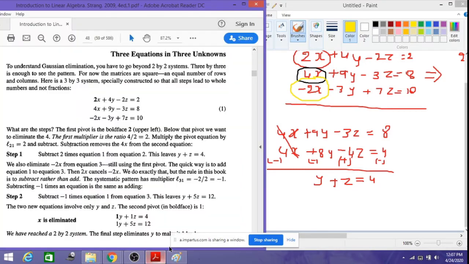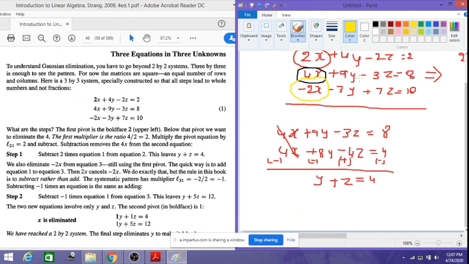So let's see here. I'll write the third row here: minus 2x minus 3y plus 7z equal to 10. Now I'll multiply the first row by minus 1.